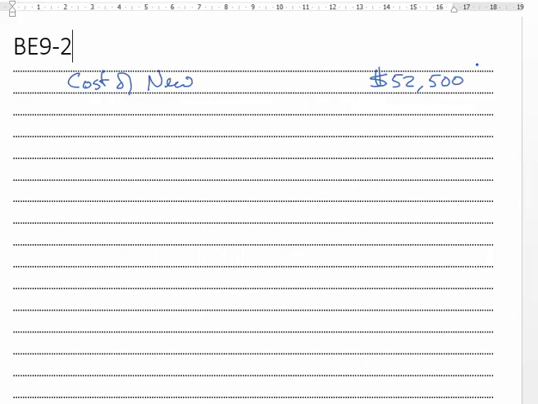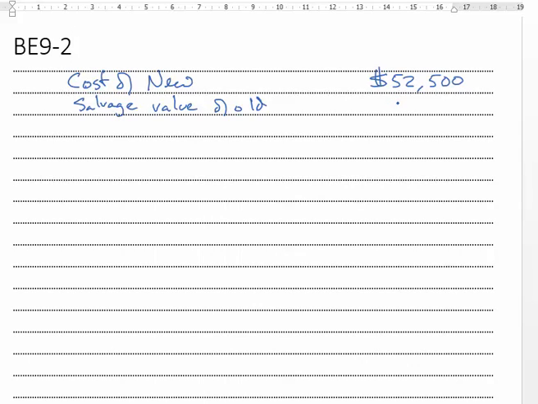So $52,500 would be the cost associated, or one of the costs associated with acquiring the new grinder. Accumulated amortization on the old one so far, totally irrelevant. Current salvage value, so what we could sell the old one for, because that is only going to happen in one of the two alternatives, that of getting the new grinder. It is a relevant cost.